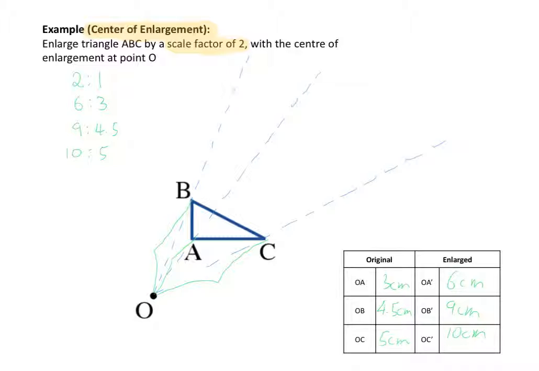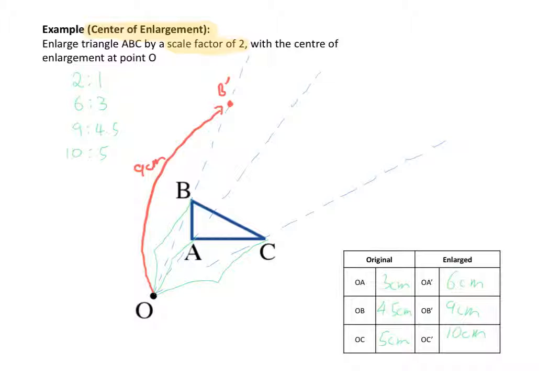O to B we said was 4.5, so my new B is going to be at 9, because that is double 4.5. Starting at O and drawing a dot 9 centimeters along the guideline, I'm measuring all the way from O up to my new dot, and that's going to be my new B point.